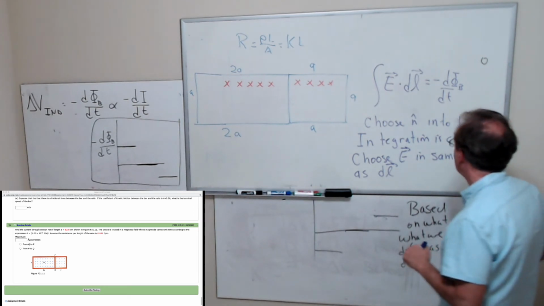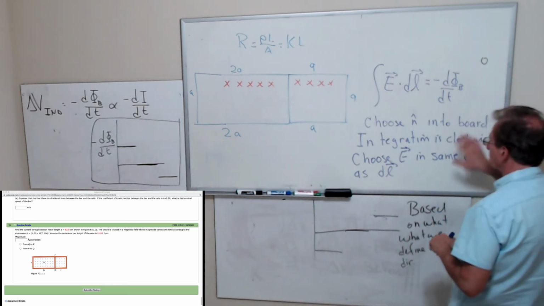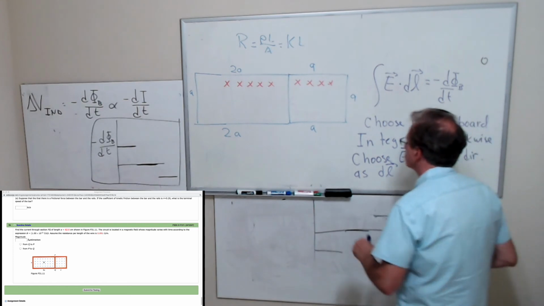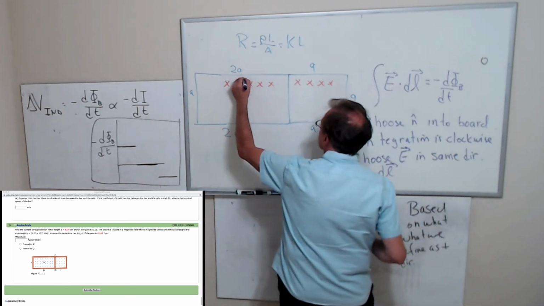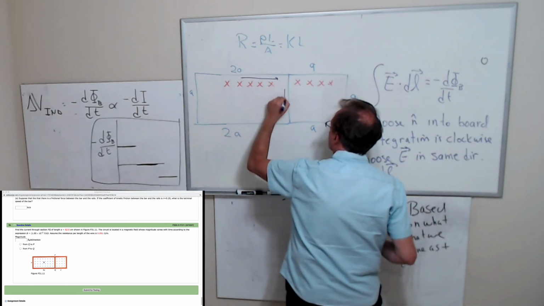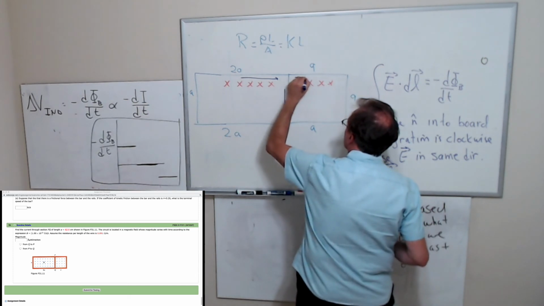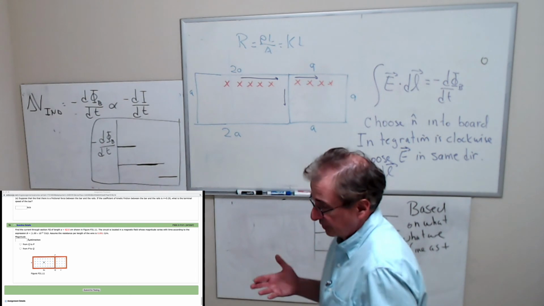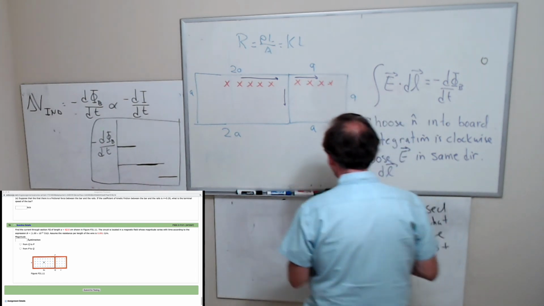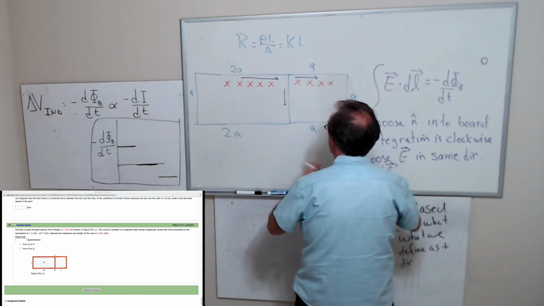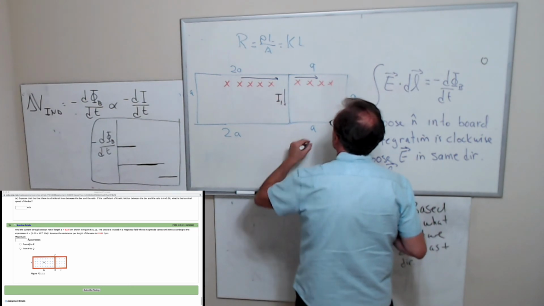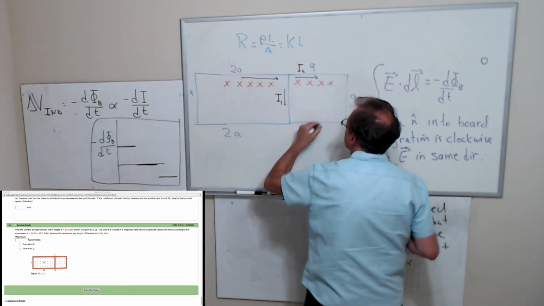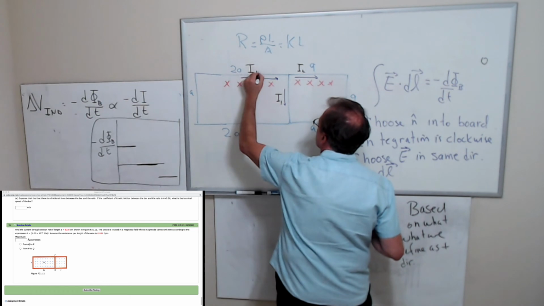So I'm going to choose the electric field to be this way. That means the current is going to be in the same direction as the electric field. So I'm going to call this current I1, and I'm going to call this current I2. This current is going to be I1 plus I2.